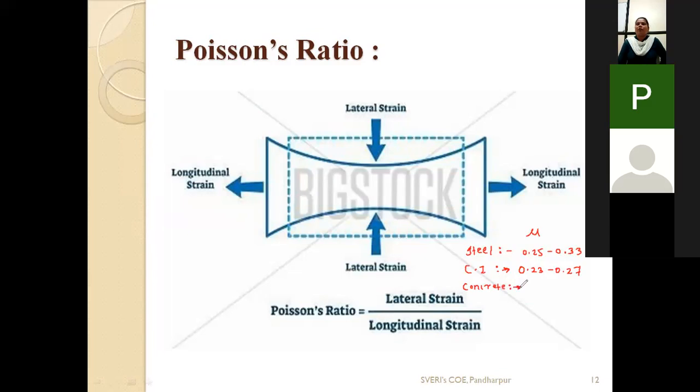After that, the third material is concrete. For concrete, Poisson's ratio is 0.2. For rubber, Poisson's ratio is 0.48 to 0.5. After that, cork.